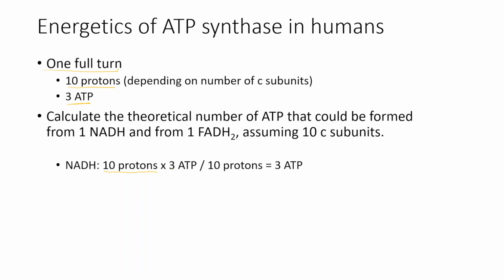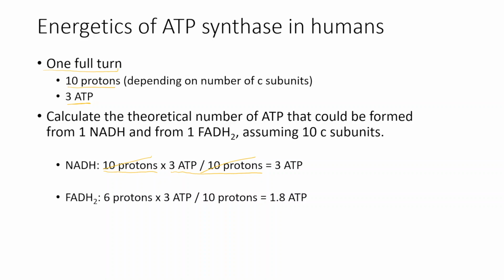We also have our conversion factor for ATP synthase, where 10 protons are required to generate 3 ATPs. And so if you multiply this out, the protons are going to cancel with each other. So ultimately, one NADH reduced electron carrier is able to generate 3 molecules of ATP, theoretically.